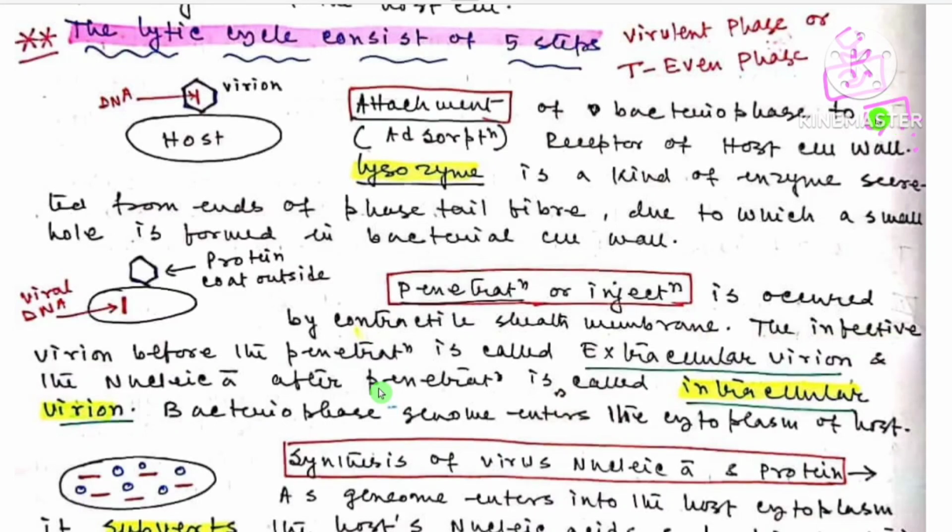The process of life cycle pattern by which any bacteriophage kills its host cell is known as the lytic cycle. And this lytic cycle is performed in 5 steps.